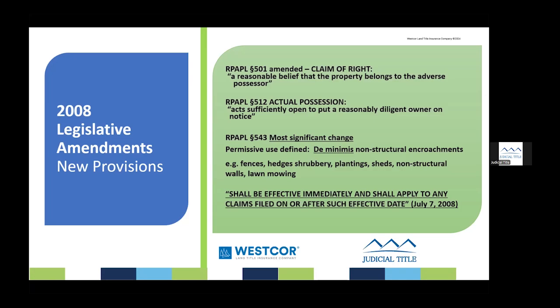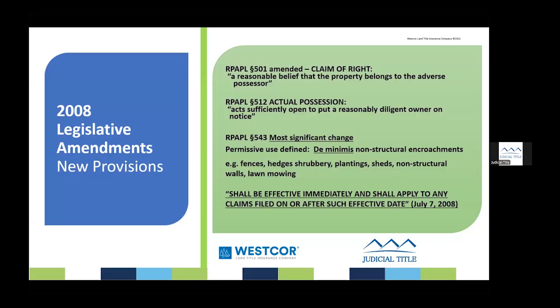So, the law focused on those sections, most notably Section 501, 512, 522, and 543, and it just puts more pressure to prove adverse possession, not just incidental. So the bottom line, if a party establishes the adverse possession elements, but no claim of right, then they likely could lose their argument for adverse possession on a particular property.